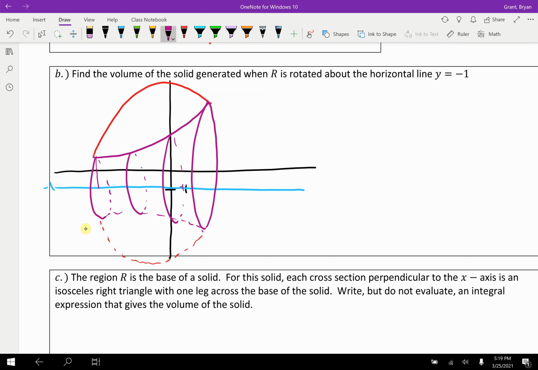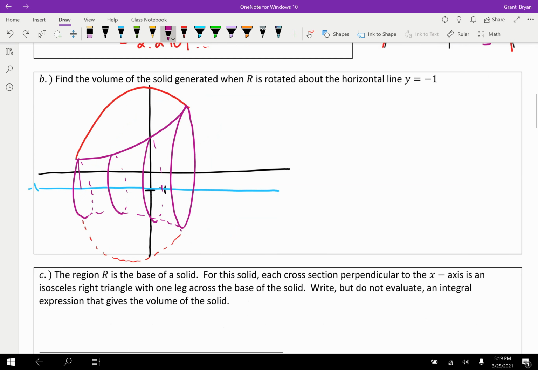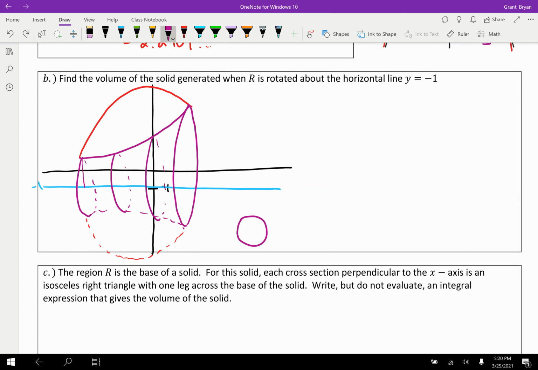In particular, we want to do the two that we know. So someone might say, well, wait, couldn't you do the line to this bottom function? You could, but I don't know the equation of the bottom function, so we're going to try to make it easier on ourselves and just do top minus bottom there. So if I look at that purple guy right here, and we have this radius, right? My radius is the top function, 2 to the x, minus the bottom function, which is -1.